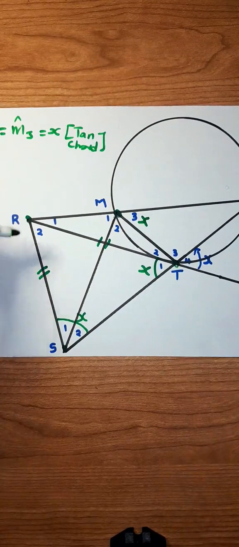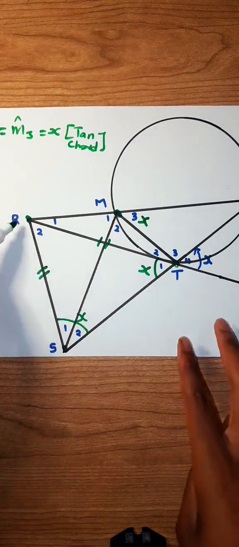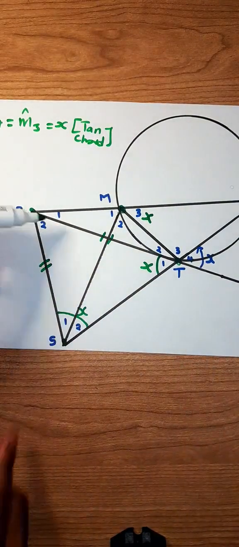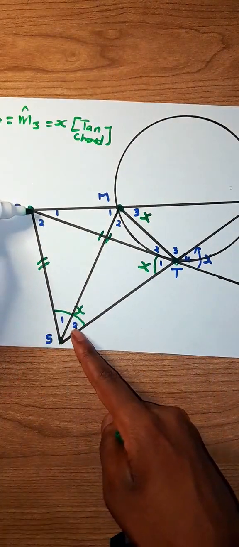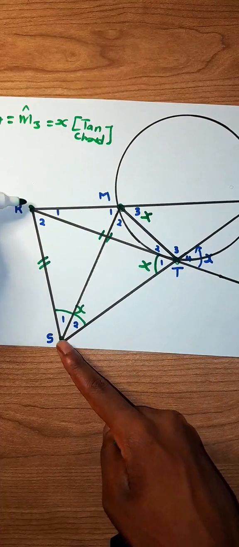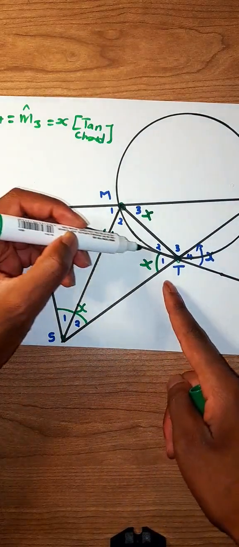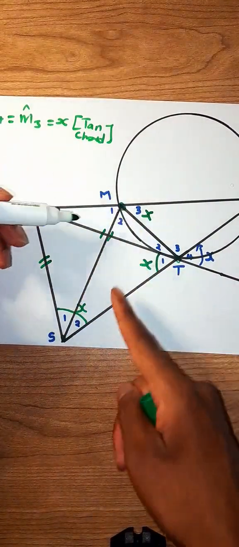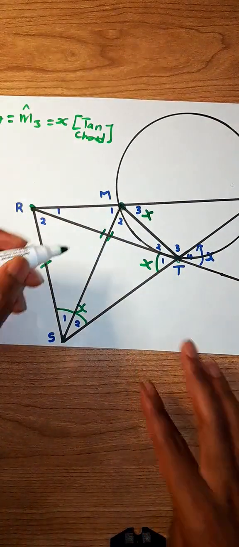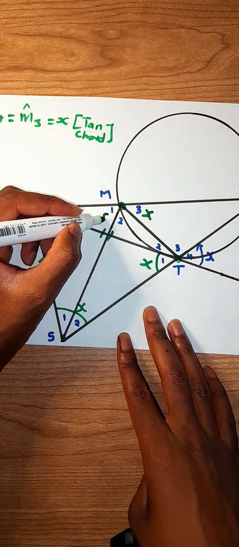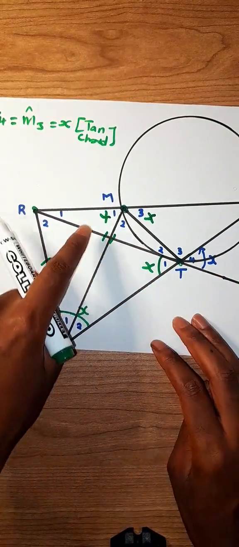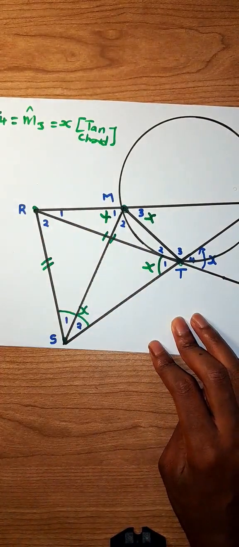We know that if we want to prove that RSTM is a cyclic quad, we need to prove that this angle, you see RS, is going to subtend the angle X, and it is also going to subtend the angle M1. So what they want you to do is prove that M1 also equals T1. So they want you to prove that M1 also equals X.